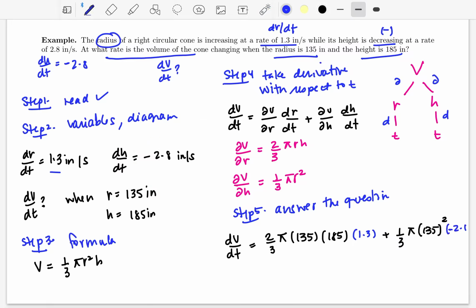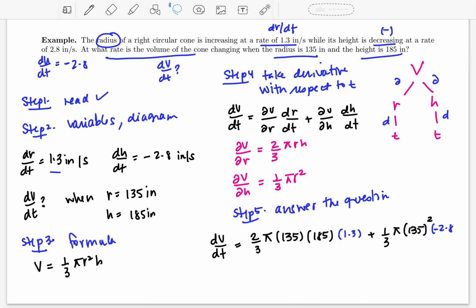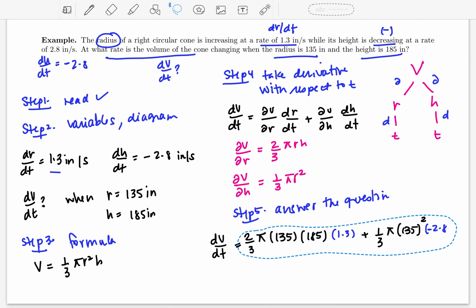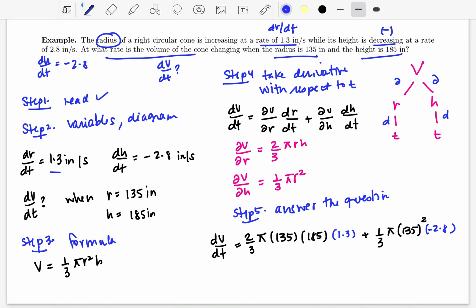So negative 2.8, okay? Now we use a calculator, put everything in the calculator, and we get that this is equal to 4,635 inches cubed per second, right? Because we're dealing with volume, so we need cubed, okay?